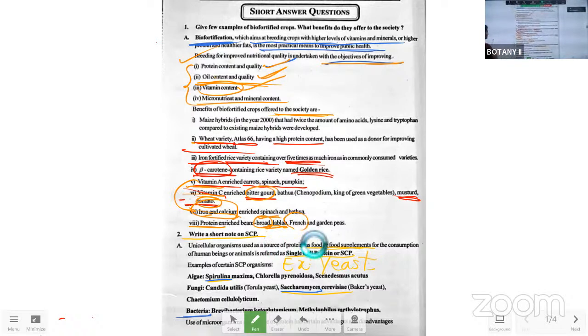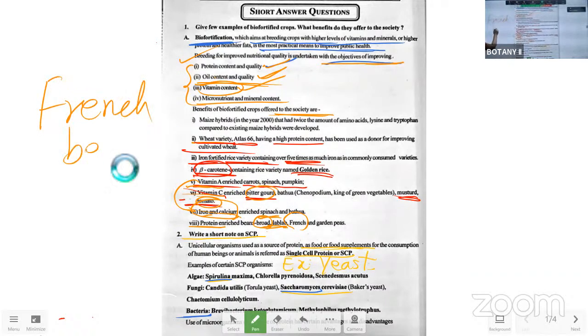If it is easier, then you can write only French beans. Example, French beans, sufficient. In them, we are increasing the fiber as well as the protein contents in the seeds, so that we can easily get all the good qualities we want in this.